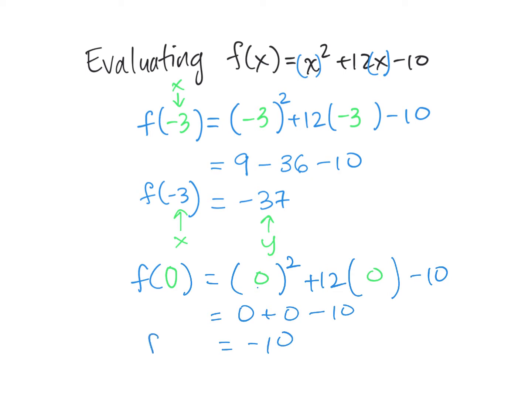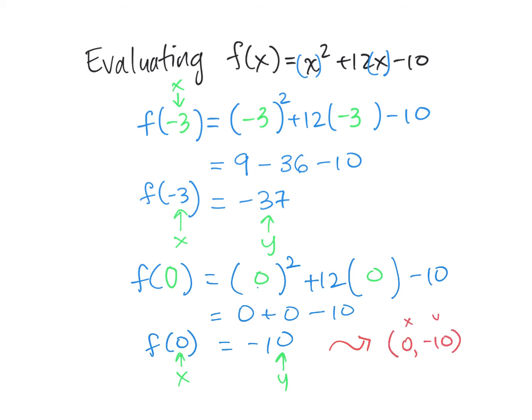So what does this mean? f of 0 equals negative 10. So in this relationship between x's and y's, when x equals 0, y equals negative 10. If we were thinking about graphs, then this would be equivalent to the ordered pair (0, negative 10).